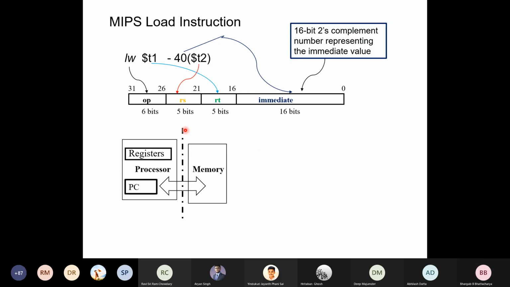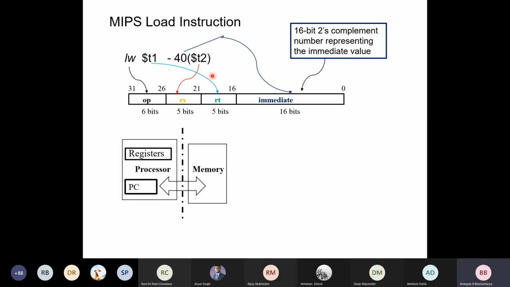Each address comprises 32 bits. So a 32-bit address has to be passed from left to right. Then this instruction has to be fetched from memory. What is the length of this instruction? Again 32 bits. So now 32 bits will pass from right to left. So the instruction has been brought into the processor.